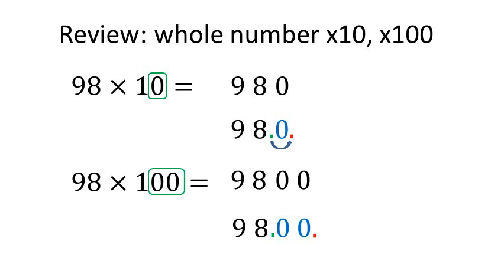If you look at the movement of the decimal point, it moved two places to the right. So multiplying by 100 means to move the decimal point two places to the right. In a similar way, when you multiply by 1000, you just need to move the decimal point three places to the right.